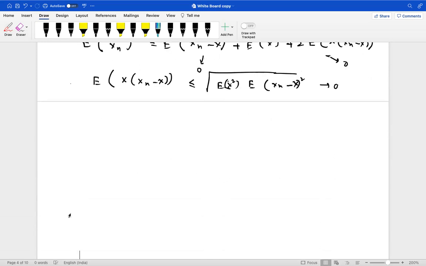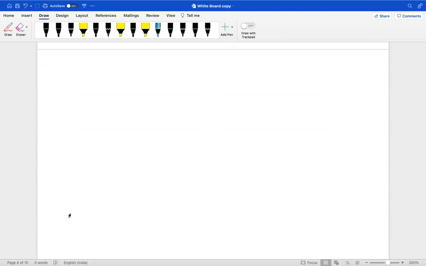So if the second order moment converges, then the second mean converges, and the second order moment also converges, and that is, the variance also converges. So the corollary is this: if Xn goes to X, that implies the variance of Xn goes to the variance of X. We have this variance convergence.